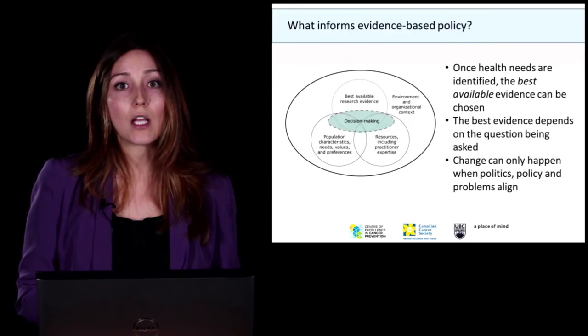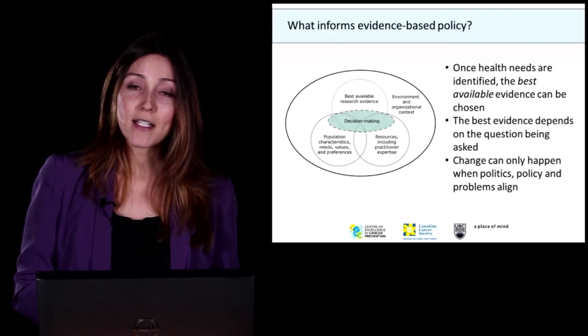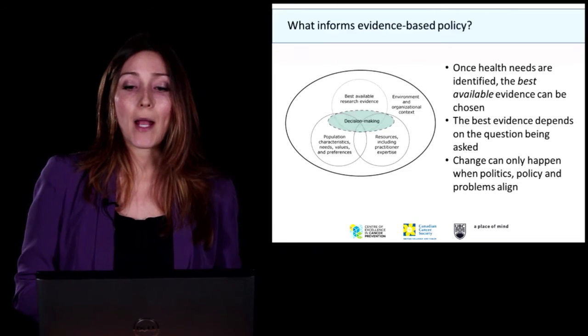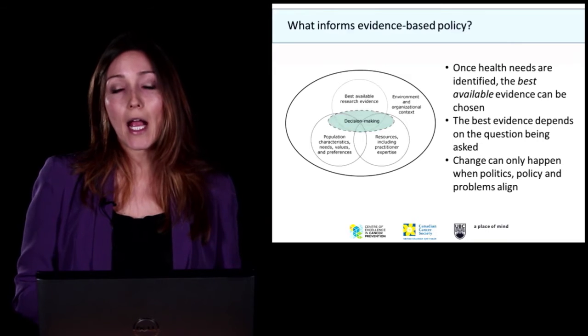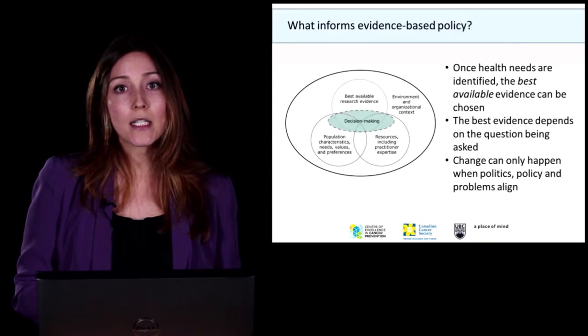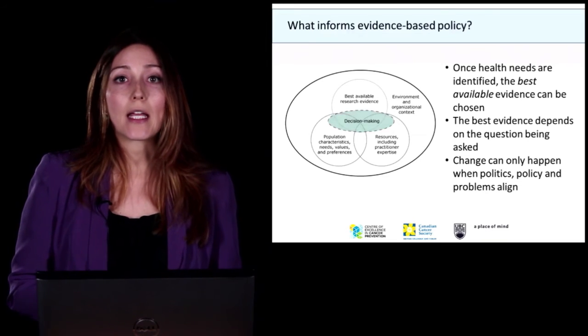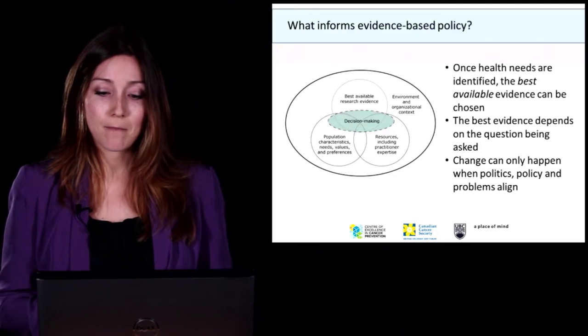Policy is the combination of an immediate health need, ideally evidence, as well as political will. So the best evidence depends on the question being asked, and it's important not to delay action to wait for the best evidence to be generated.